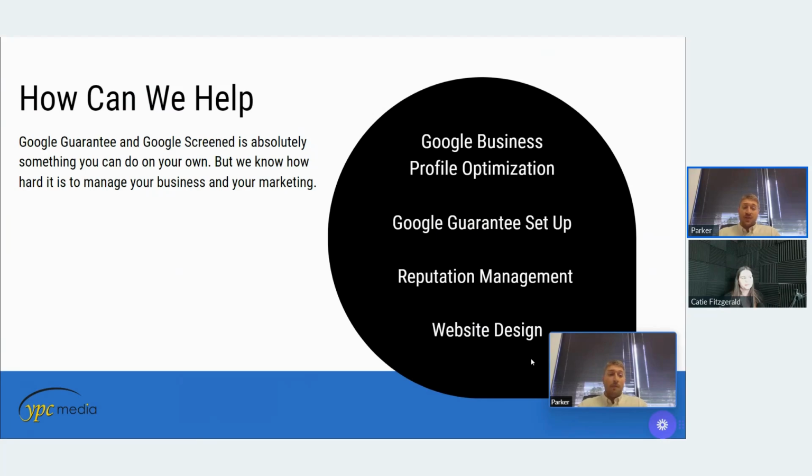So what things you can do or how we can help is that, as you were filling out that information, you can see that you can go through that process. This is something you can do on your own. But when it comes to running a business, doing your marketing, this can sometimes be a little bit too much to handle or needed to be offloaded. And we can definitely provide a lot of assistance there. So we can help with every step of the way, really.